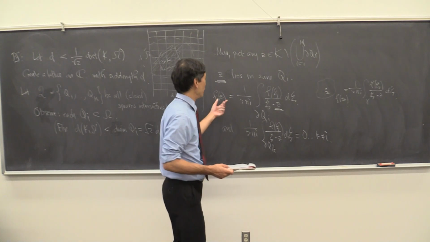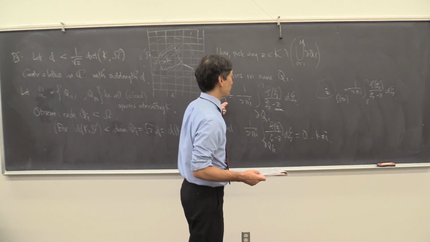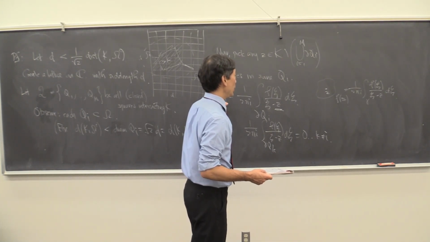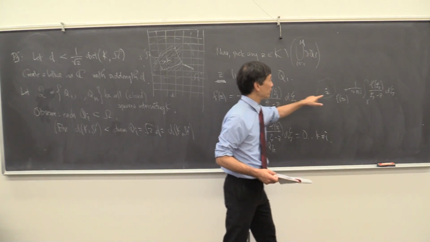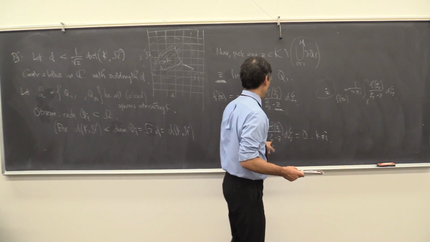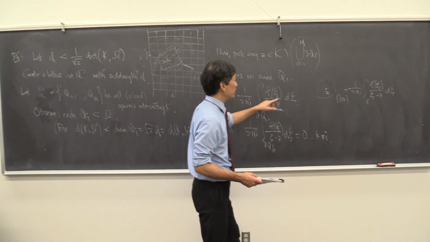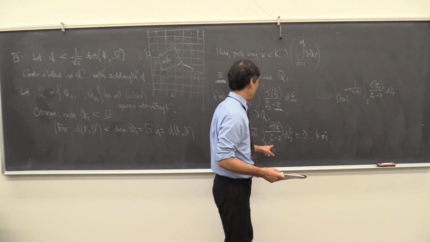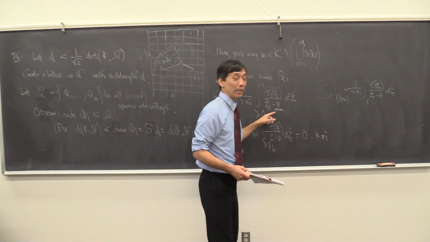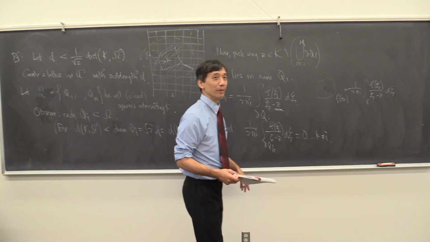So we'll get f of z. This function has a singularity there, but if z is not contained inside, then we're integrating a holomorphic function, so we get 0.